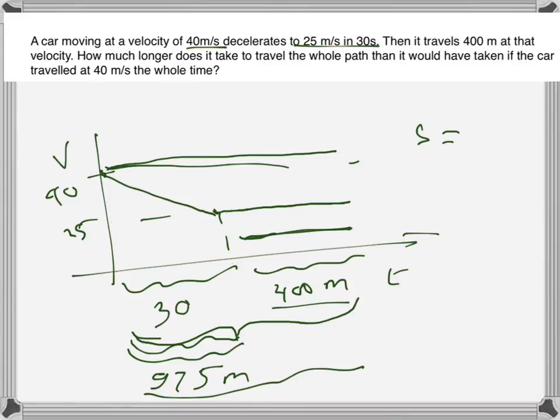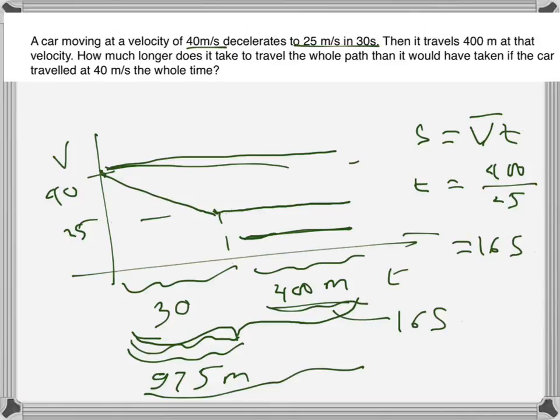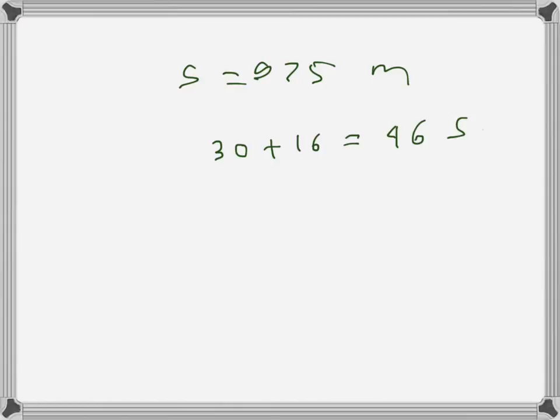So we need to find the time: 400 over 25, so that's 16 seconds. So the total time taken for the way the car travels is 30 seconds to decelerate plus 16, so that's 46 seconds.